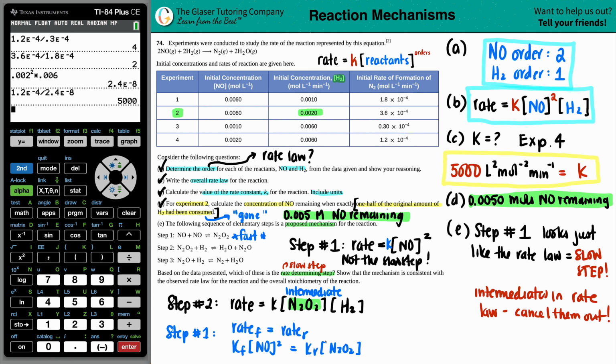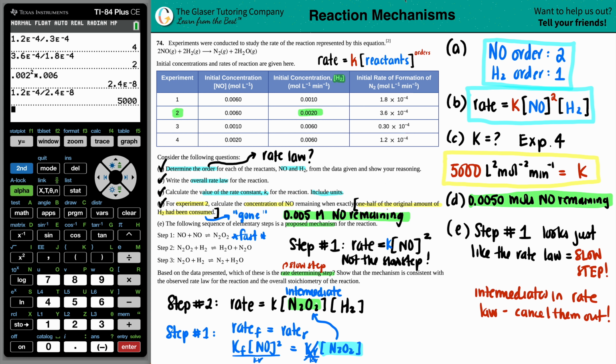And now I have a formula that can go in place of N2O2. If I just divide both sides by KR, sorry that I'm going down all the way to the bottom of the screen, and maybe we'll just cancel that out.